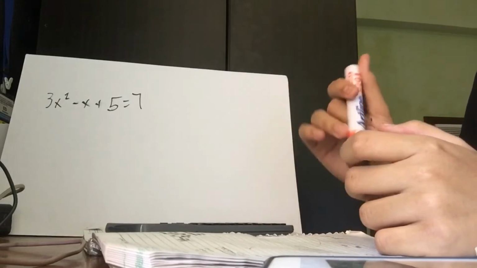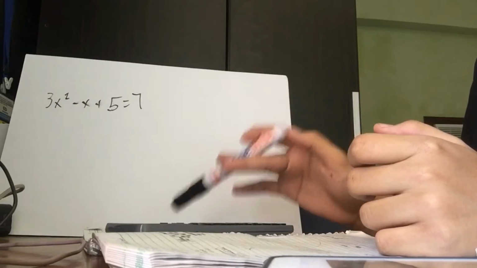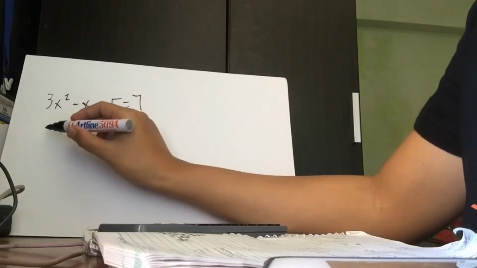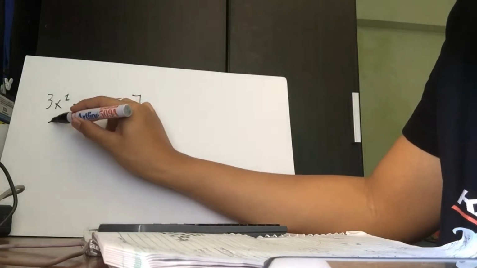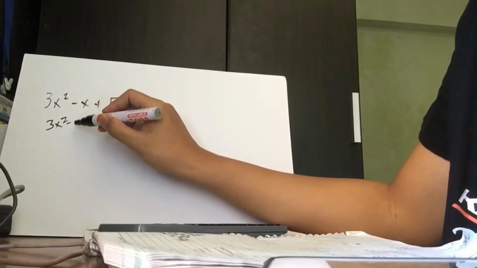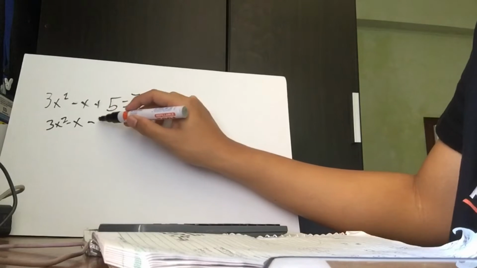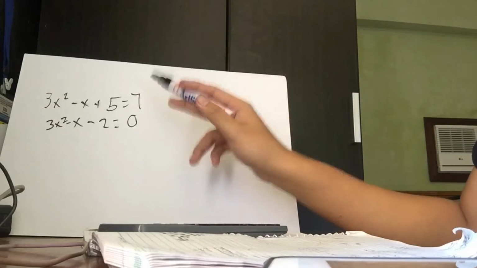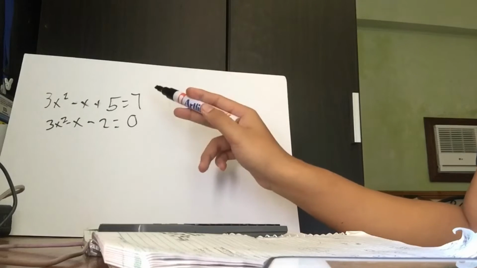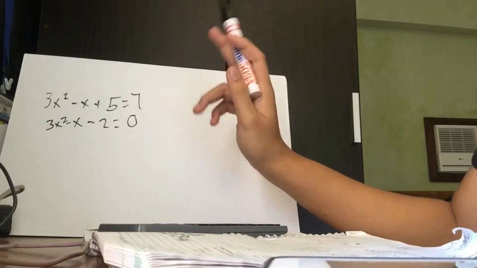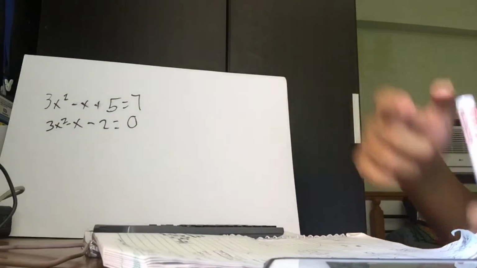That takes care of our problem. After doing so, solve for x as usual. This is the form that we want. You get 2 because after subtracting both 7s, one 7 would remain and we subtract that from 5.